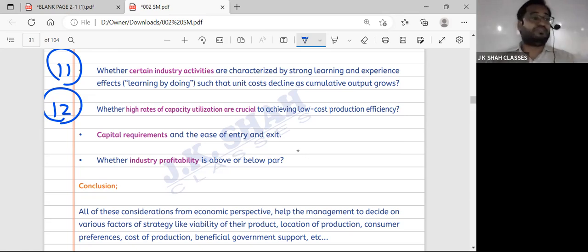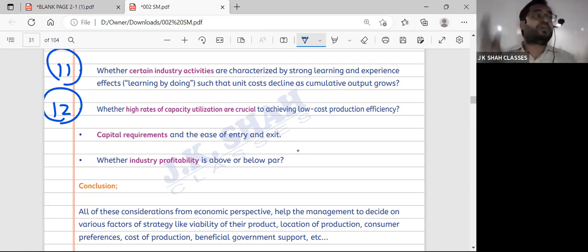Labor intensive. Therein, initially, one cobbler will take 2 days to make shoes. Initially, means in a week, they are making 3 shoes. 6 days a week, 6 days working week. But as you gain experience, do you think they will make only 3 shoes in a week? They will make 6 shoes, 12 shoes, 18 shoes. So what is this? Experience curve.